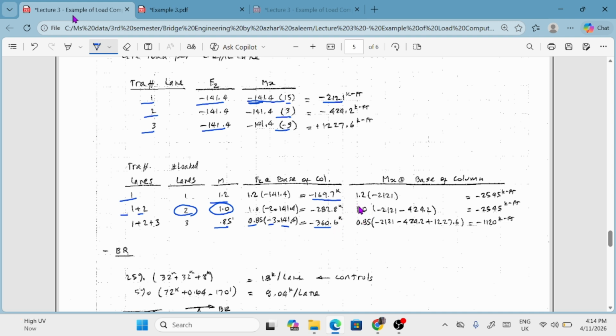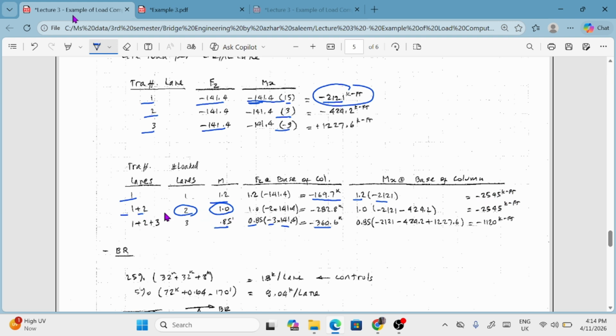How much moment will it produce? If I load 1 lane only on the bridge, then 1.2 multiple presence factor multiplied by this moment gives a total moment of 2545 kip-feet.